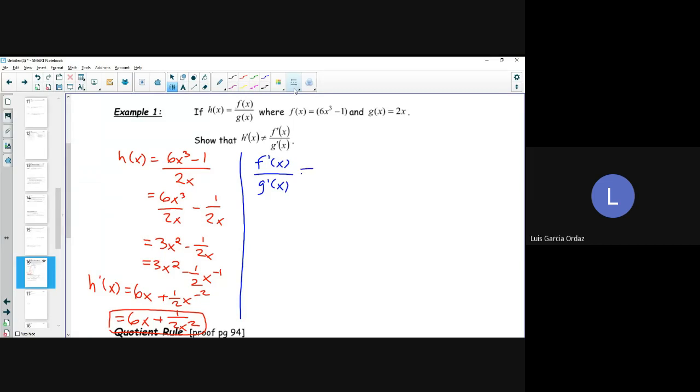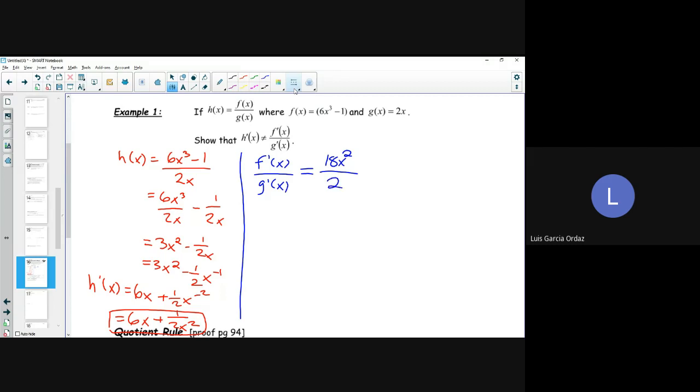If we look at 6x cubed minus 1, what would the derivative of 6x cubed minus 1 equal? 18x squared, perfect. And what is the derivative of 2x? 2.